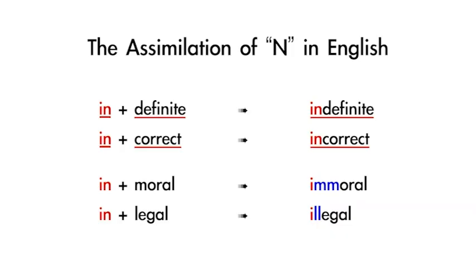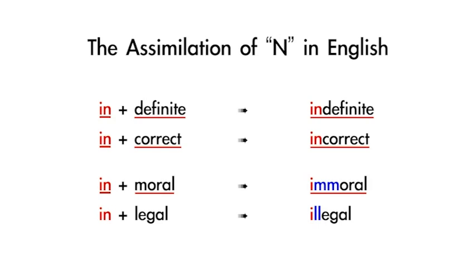But let's look at the next two examples together. When we want to add in to the word moral, you would think we might get inmoral with the in prefix, but we get immoral. In this instance, the n of the in prefix has changed to m to match the first letter of the word moral. The n has assimilated to an m to match moral.